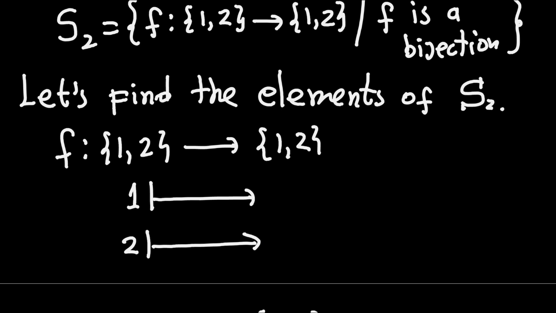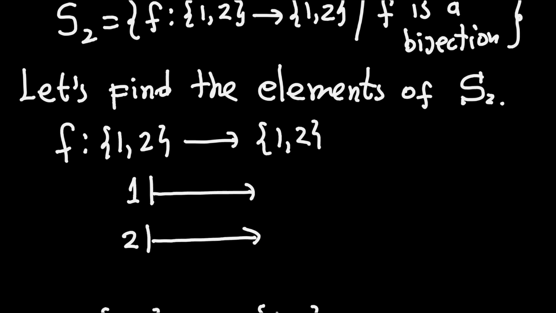So let's see the first possibility. 1 can go into 1 or 2. Once I pick this number, that's going to restrict where I can send the other number. So 1 could go, for example, into 1. Once I make that choice, the number 2 could only go into 2, because if 2 goes to 1, the function will not be 1 to 1. So 2 will go to 2.